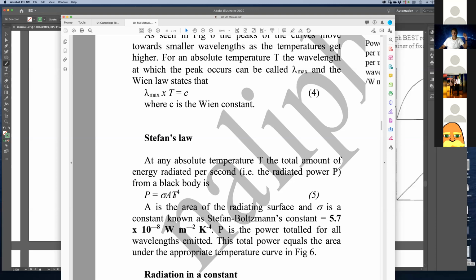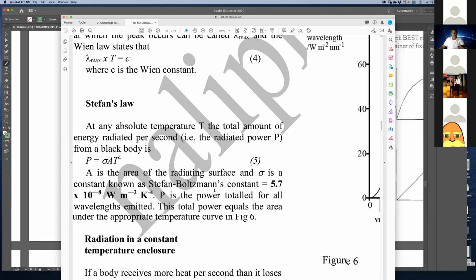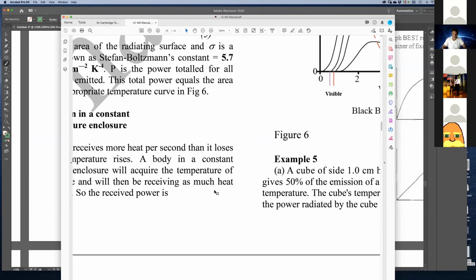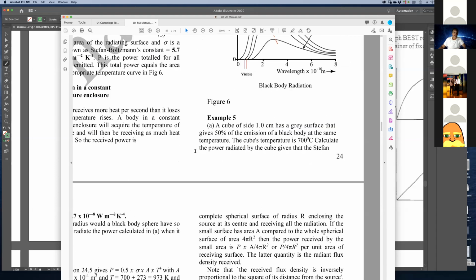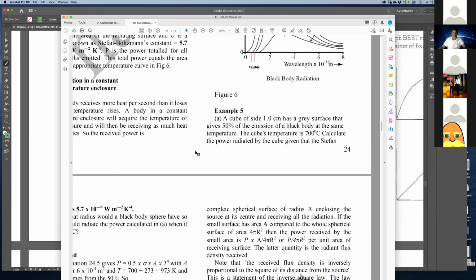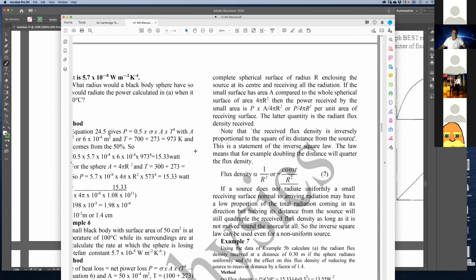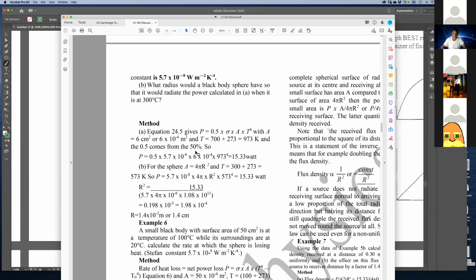Now, there's another equation that I want to point out to you. This is when we talk about net heat transfer.